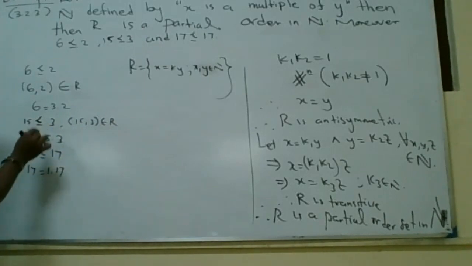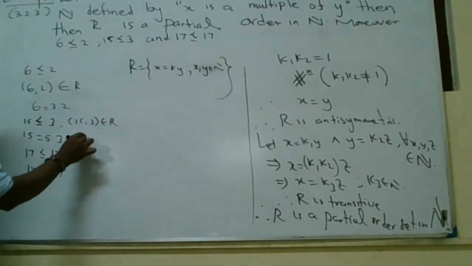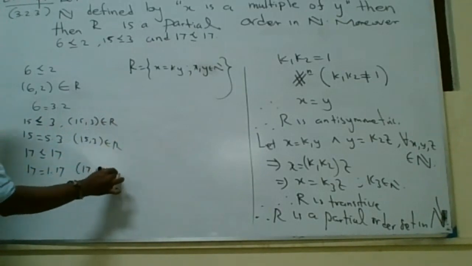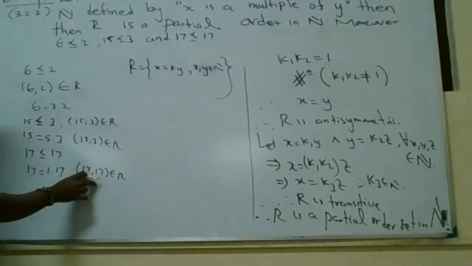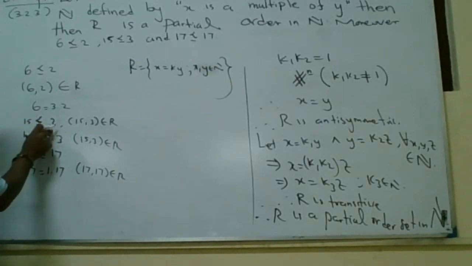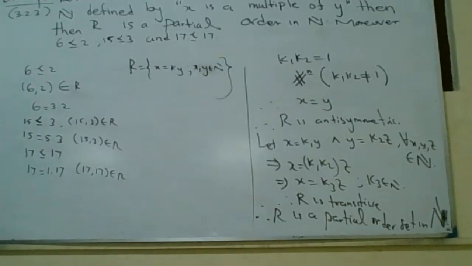Therefore, (15, 3) and (17, 17) belong to R. You can read them as 17 precedes 17, 15 precedes 3, and also 6 precedes 2. These are elements in this set, right?